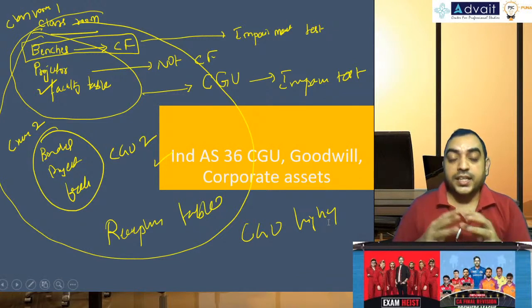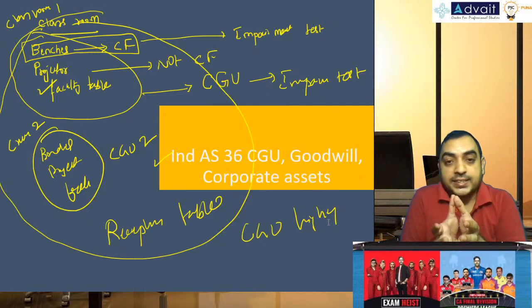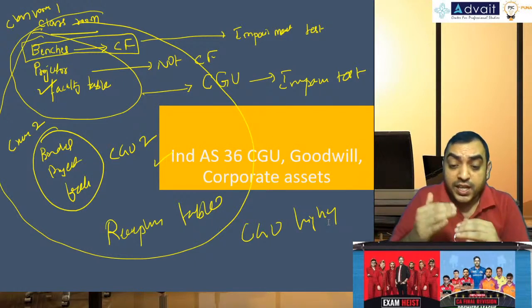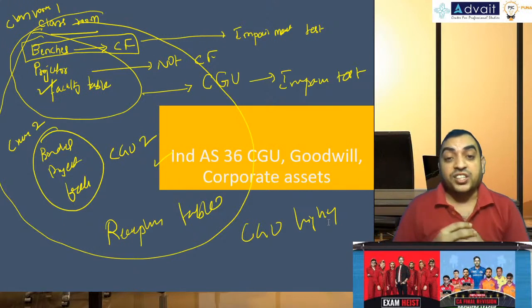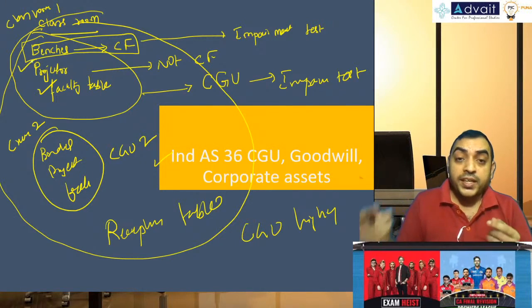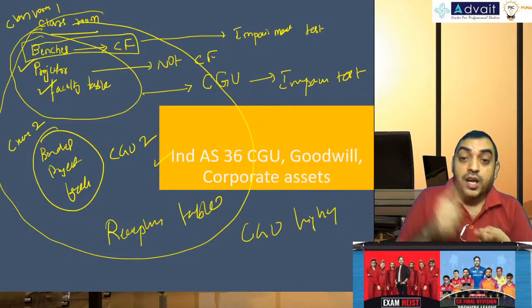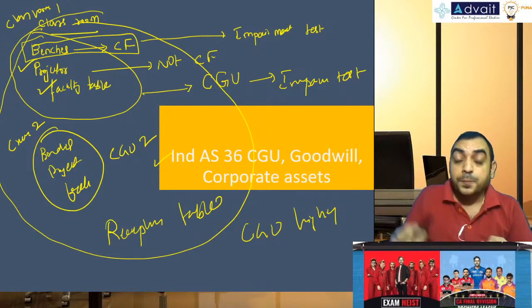I hope you are able to understand the concept of CGU. CGU is not just a group of assets. It is a group of assets at various levels. It is called the hierarchy of CGU. So here, how many times do the benches undergo an impairment test? One as an individual, one as CGU of this classroom, and one as CGU of this premise.